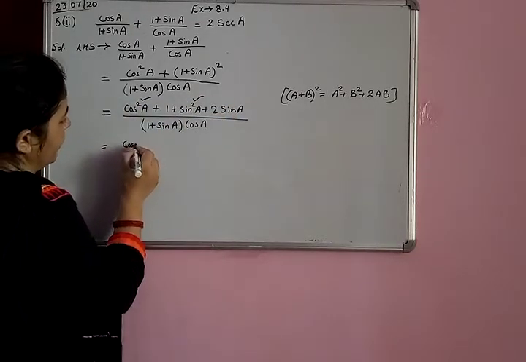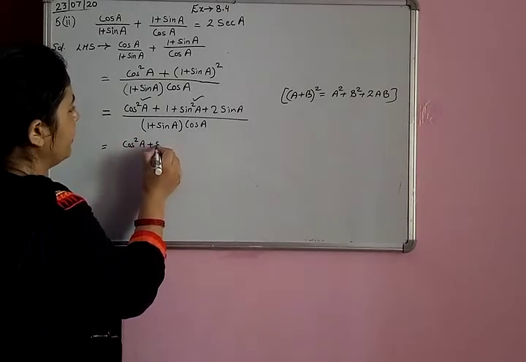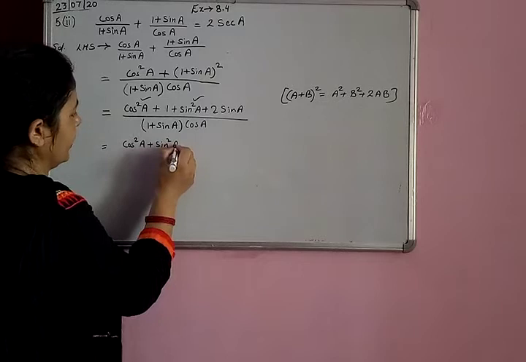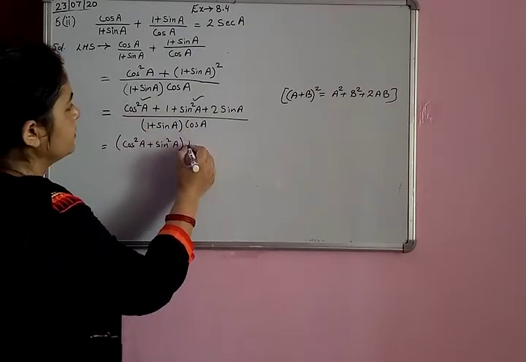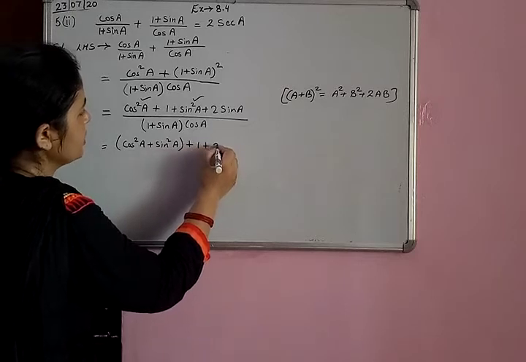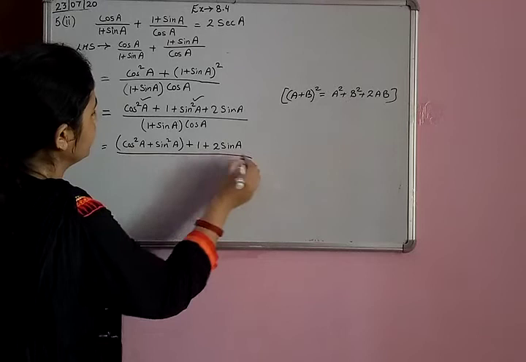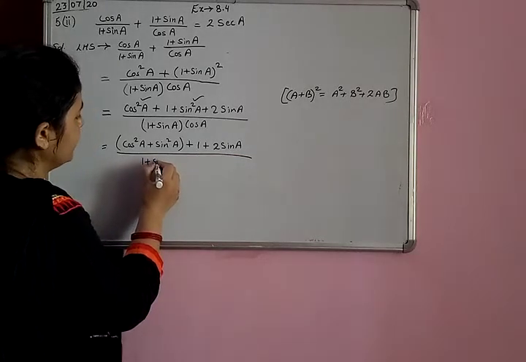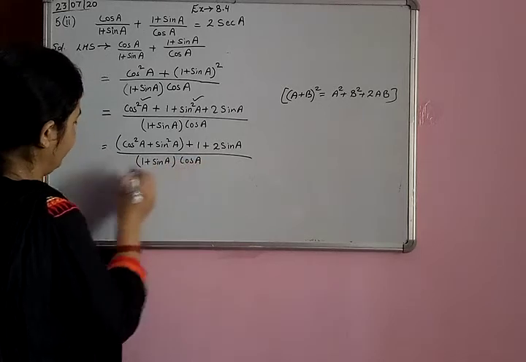Now look at here, cos square A plus sin square A. I will write both terms together. Okay, so cos square A plus sin square A together, now plus 1 plus 2 sin A upon (1 plus sin A) into cos A. Okay.